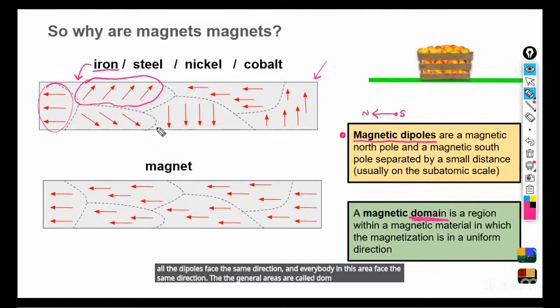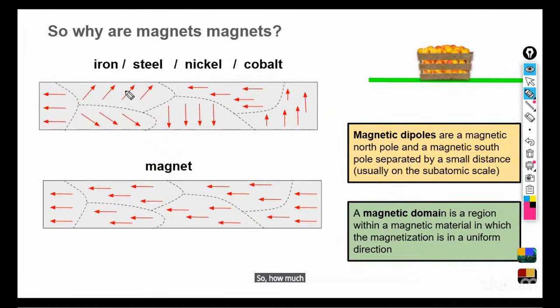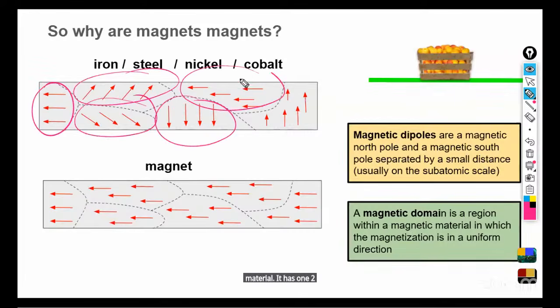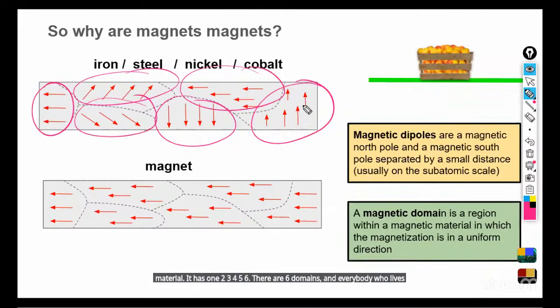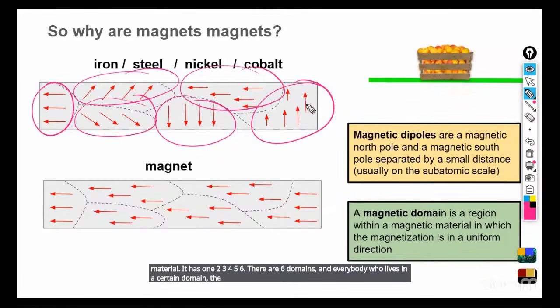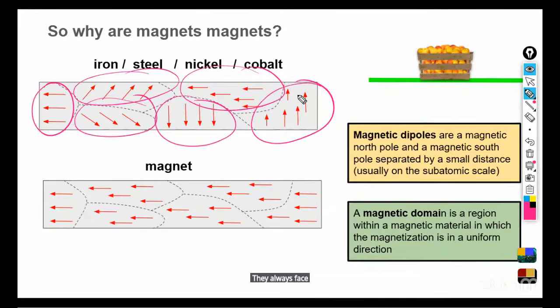Look here. How many domains does it have in this material? It has 1, 2, 3, 4, 5, 6. There are 6 domains, and the dipoles that live in a certain domain always face the same direction.